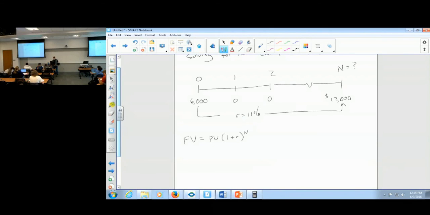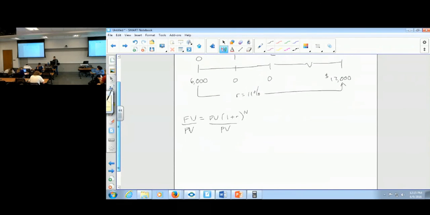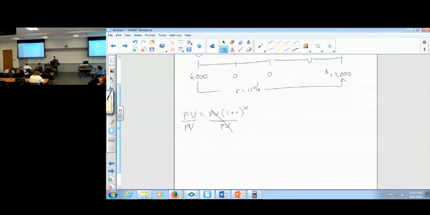And then plug in the parts that we know. All right, so I've got to get n by itself. The first thing I'm going to do is divide both sides by the present value. So it cancels out. On the right, I've got the future value divided by present value is equal to (1 + r)^n.